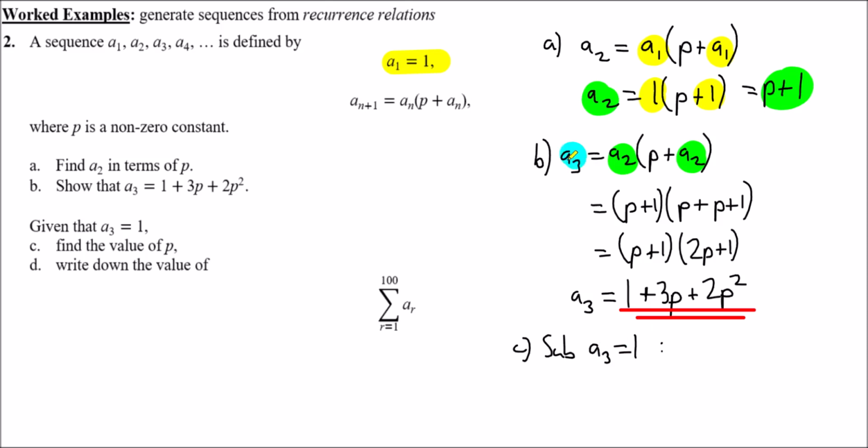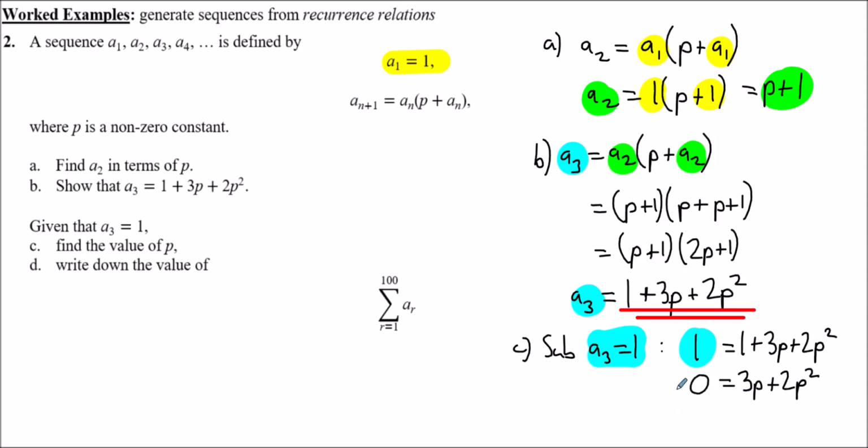So a3, which is 1, must equal 1 + 3p + 2p squared. We can subtract 1 from both sides, which gives us 0 equals 3p + 2p squared.